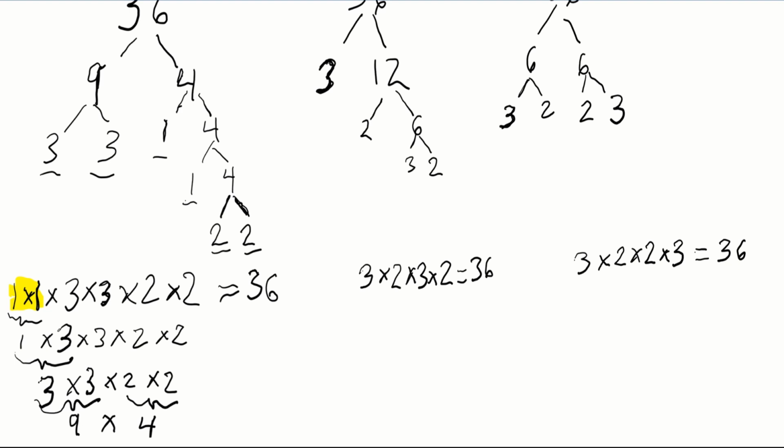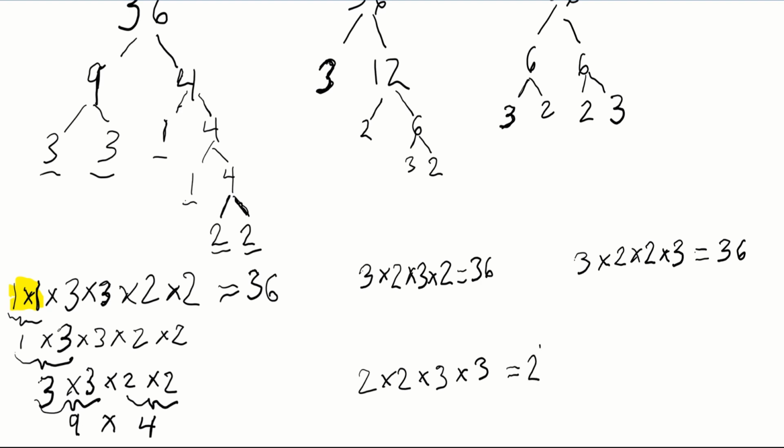Typically, when writing out only the multiplication of prime factors, we write in numerical order. So we have 2 times 2 times 3 times 3. And it can often be expressed in terms of exponents.